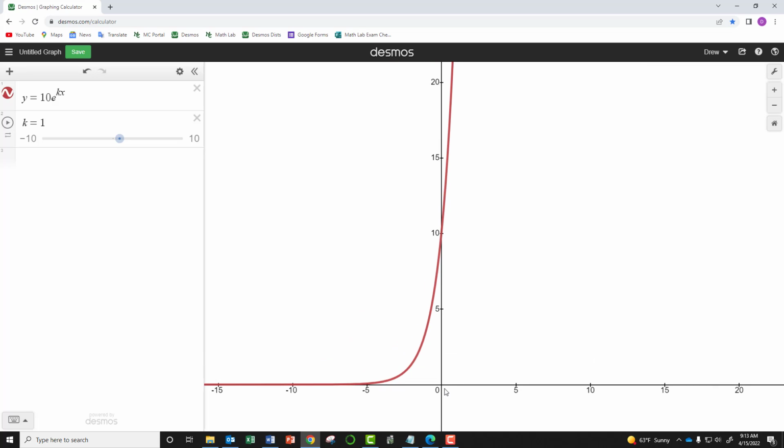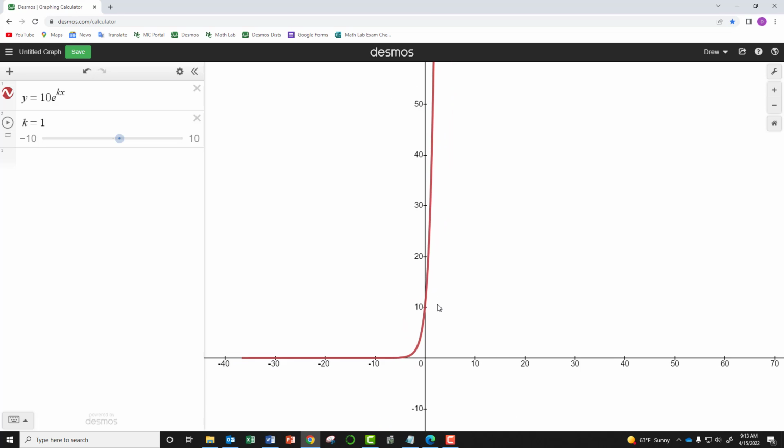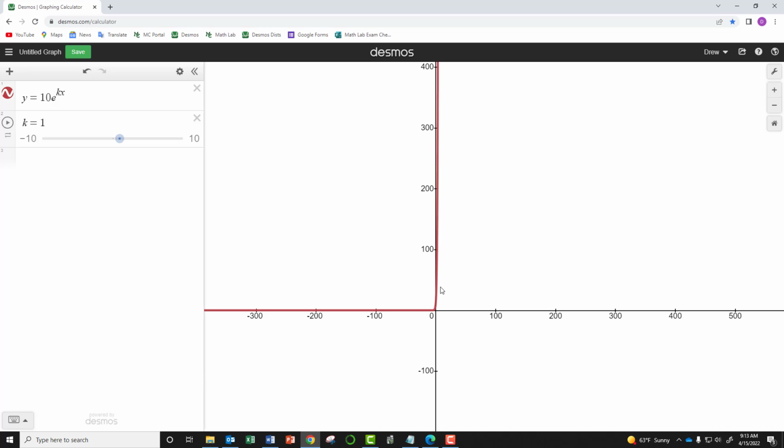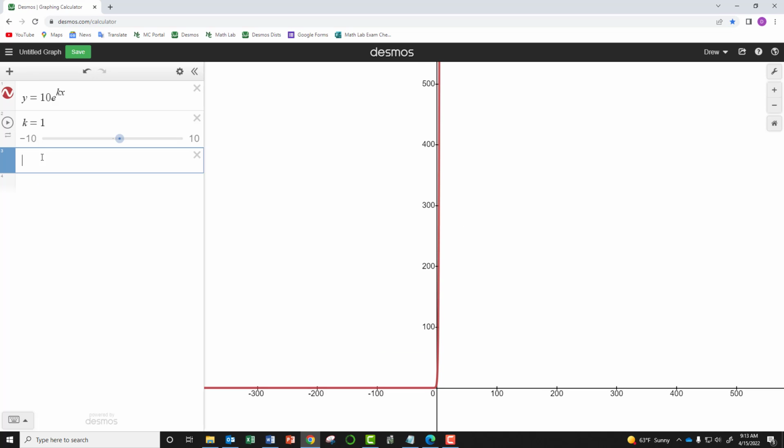What that means is whenever time is 0, the number of crawfish is 10, but the number of crawfish really takes off in a dramatic way in a very short period of time. So let me make this a function, f of x, and if I were to evaluate how many crawfish there are 30 days later, it's an enormous number of crawfish.